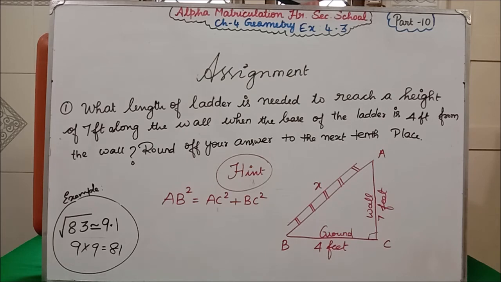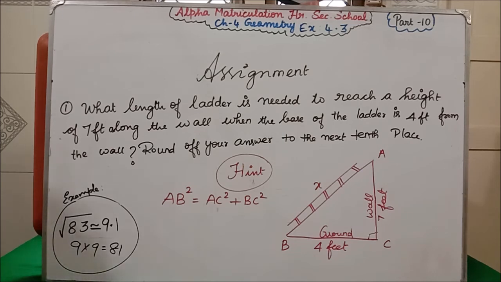Suppose I am giving one example. I don't know whether you will get 83 for this question, I am not sure. You may get some other answer also. For your example, suppose you get the answer square root of 83. What is the square root of 83? Which two numbers, if you multiply, come nearer to this number? 9 nines are 81. 81 is near to this 83, isn't it?